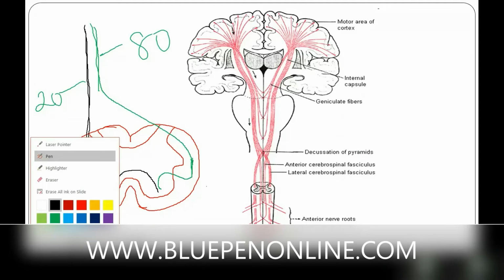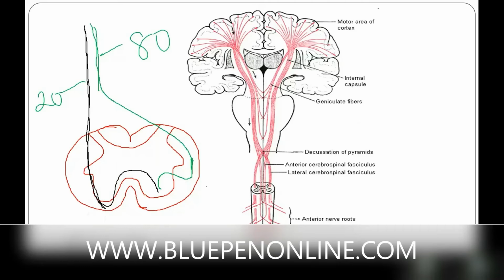Next, these two groups of neurons will pass their information to the next group of neurons, and those neurons will carry the information to the muscles.